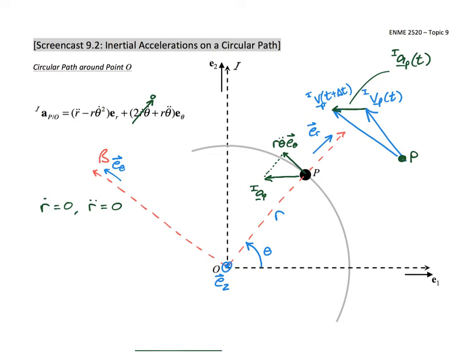Mathematically, we would express this as the norm of the velocity of P at t plus delta t is greater than the norm of the velocity of P at time t. And the norm here is essentially just saying that this is the magnitude of the vector.